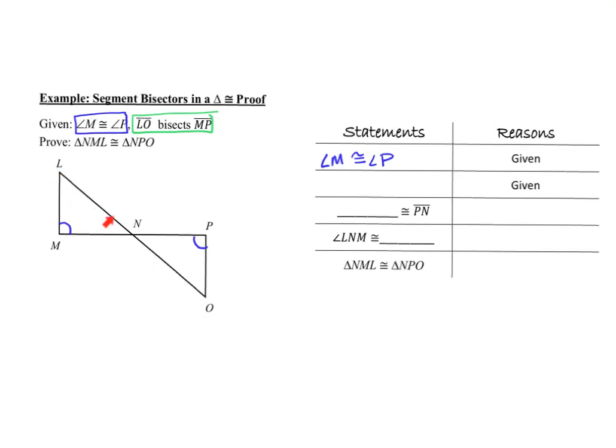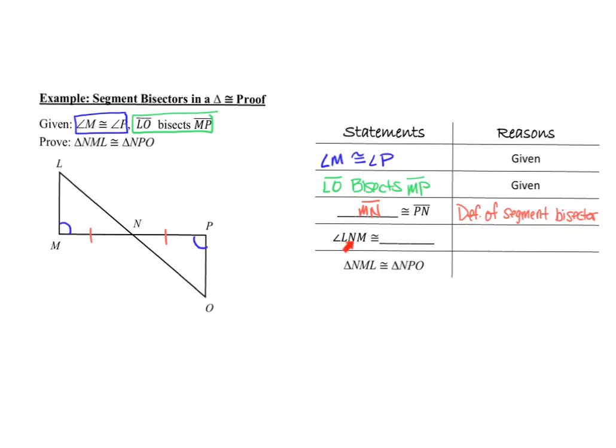So the segment LO is bisecting this segment here. So if LO is bisecting or cutting in half the segment MP, this means that segment MN is going to be congruent to segment PN. They are congruent by definition of segment bisector.